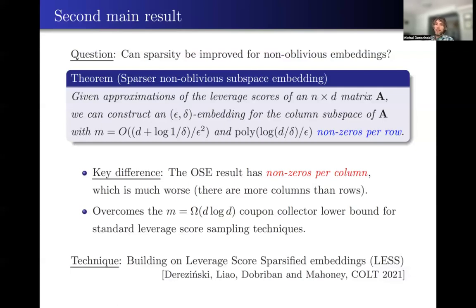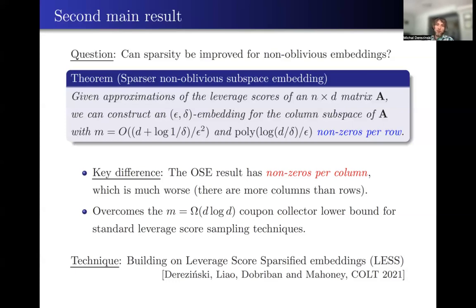Per row means that the whole matrix is much sparser, as we will see in a second. What's remarkable about this is that it uses a technique which was recently introduced called leverage score sparsification, which is closely related, if you're familiar with it, to leverage score sampling.